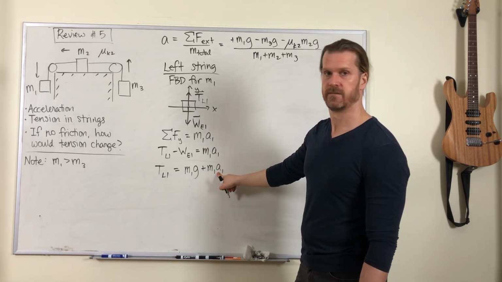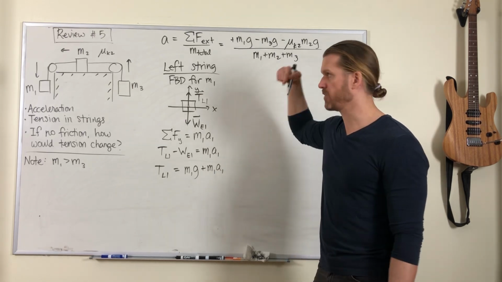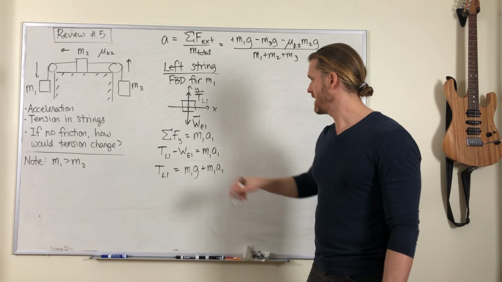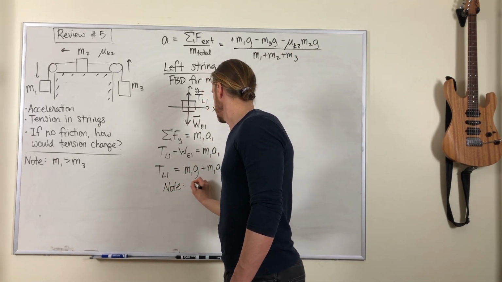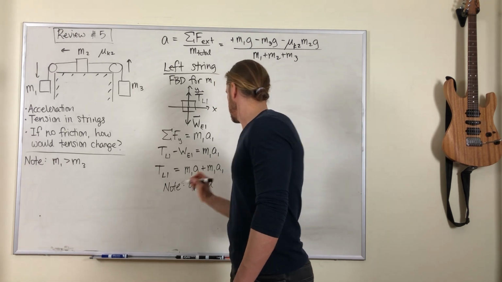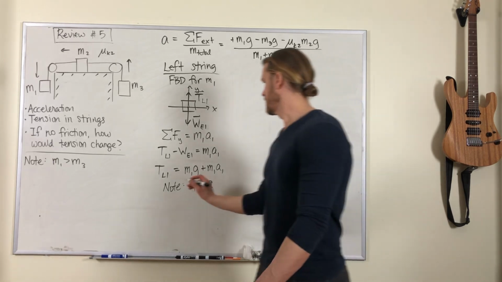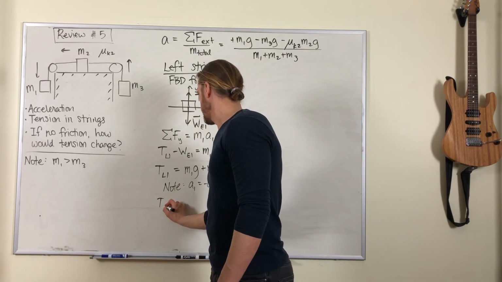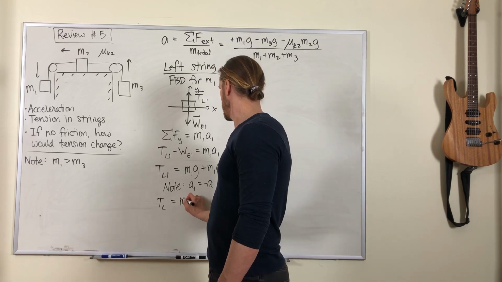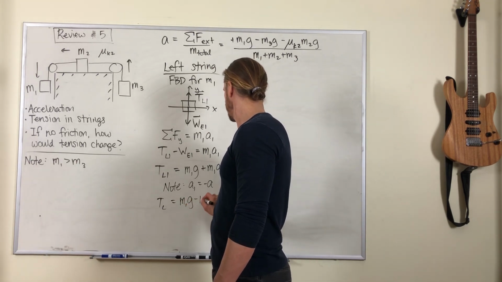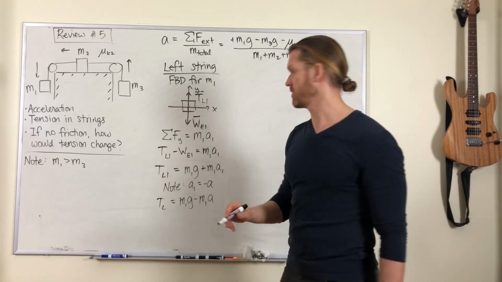This A1 for mass 1 carries a direction. And because mass 1 is moving down, A1 equals minus A. So that means that the tension in the left string, I'll drop the subscript 1, equals M1G minus M1A, where A is the value we found up here.